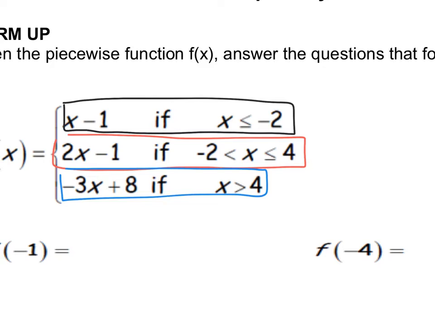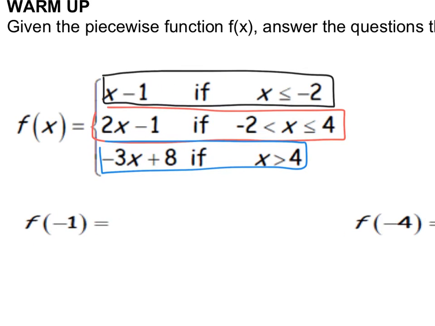So the question I want to ask myself is, when I plug in -1, which domain is that going to be in? Well, is -1 less than or equal to -2? Nope. Is -1 in between -2 and 4?